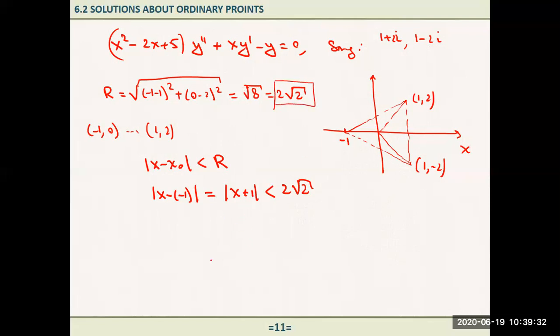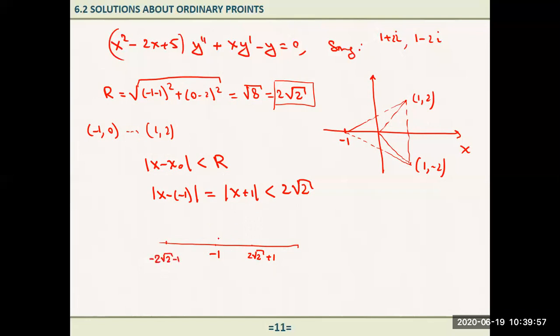And this gives us, if we draw a number line here, right? Here we have -1, and here we have -1 plus 2 square root of 2, and here we have -1 minus 2 square root of 2.